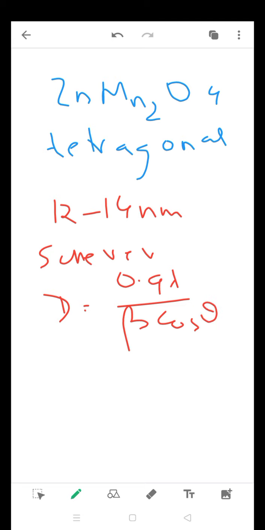I think you already know what it means. This is the shape factor, this is the wavelength, which is 1.54 Angstrom for copper K alpha, which is the source, and beta happens to be the full width at half maxima of the peak.